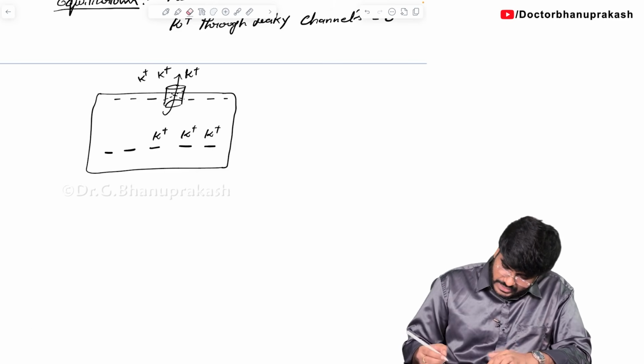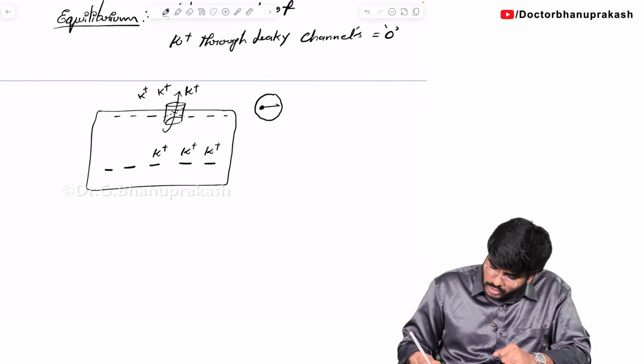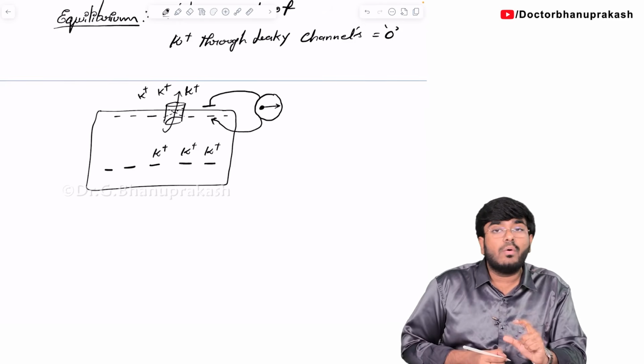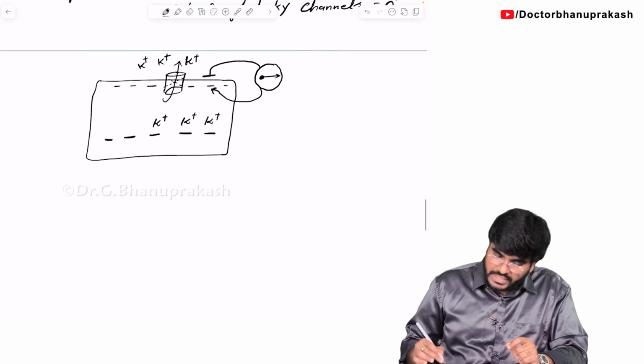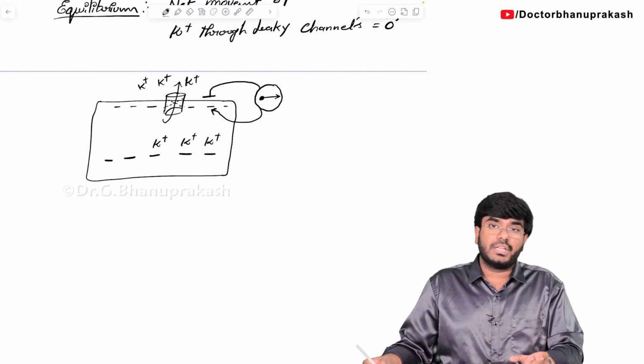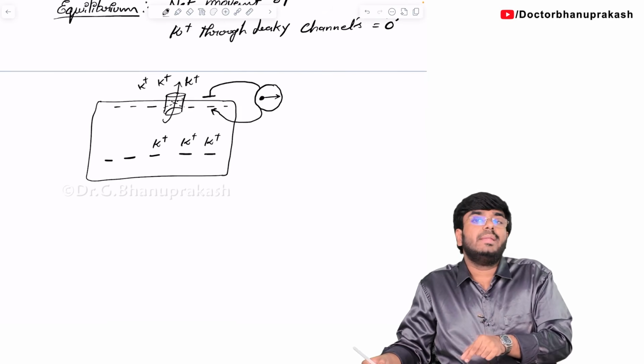Now at this condition, you are going to measure the voltage across the cell membrane by keeping a reference electrode outside and one more electrode inside. Now you are measuring the voltage difference. This voltage difference is called the equilibrium potential, meaning the voltage in this cell at an equilibrium state.